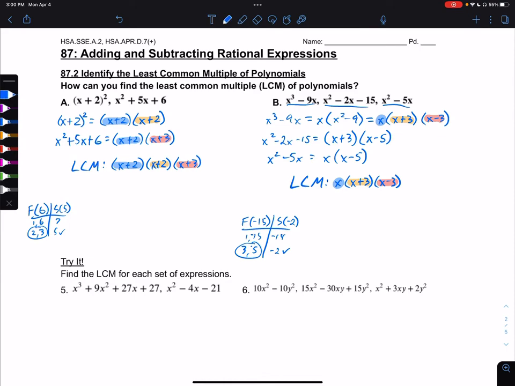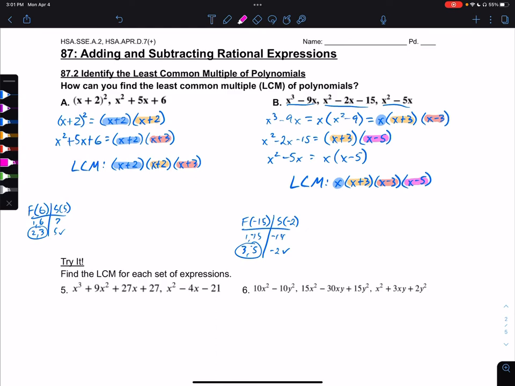So I look at my second expression. That (x + 3), that first term here, I already have an (x + 3), so I don't need to bring it down. I'm just going to mark it with the same color. (x - 5), that is new, so I'm going to need to bring that down and highlight that appropriately.